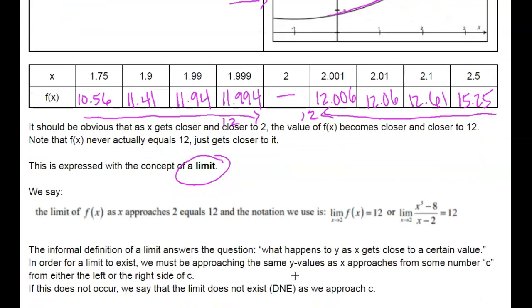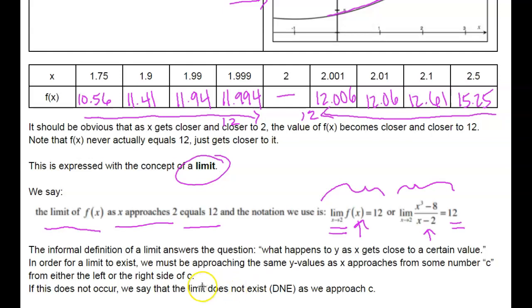The way that we would write that is: the limit of f of x as x approaches 2 equals 12. This is the notation, or we can actually write the function out.